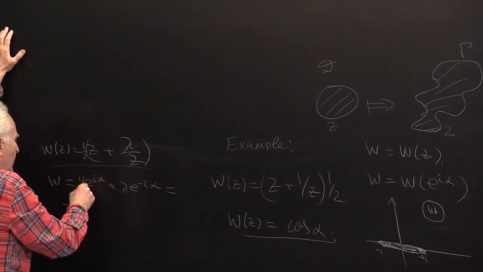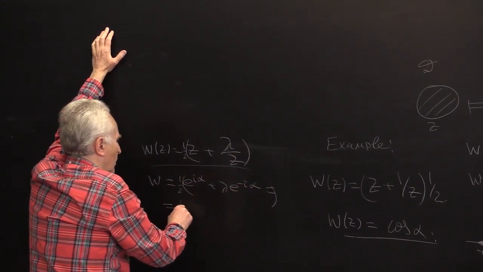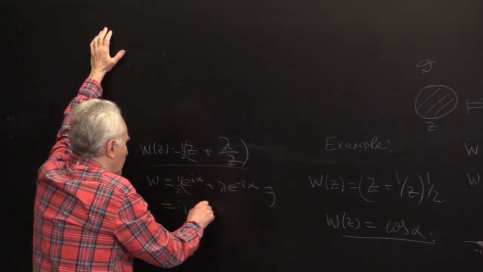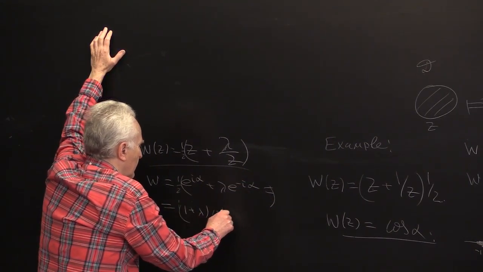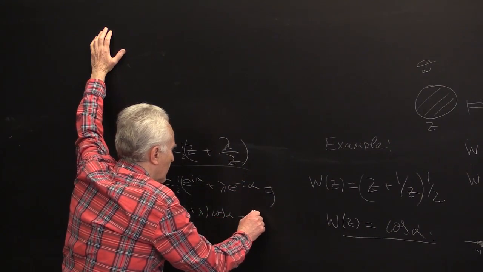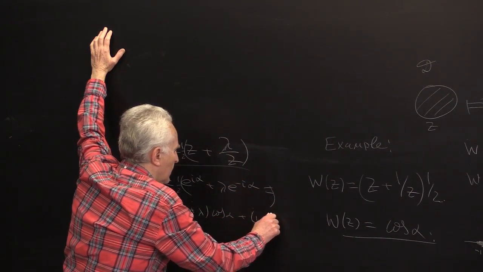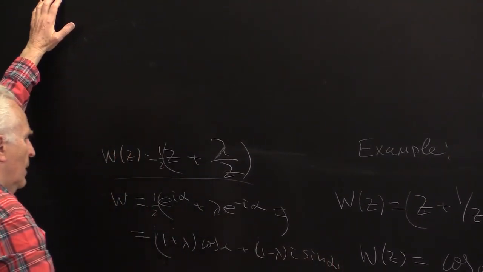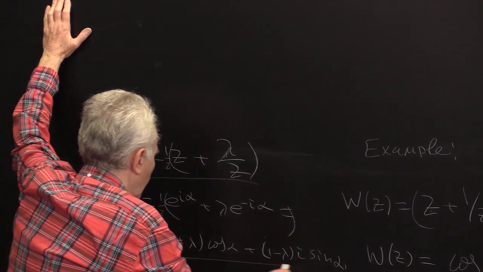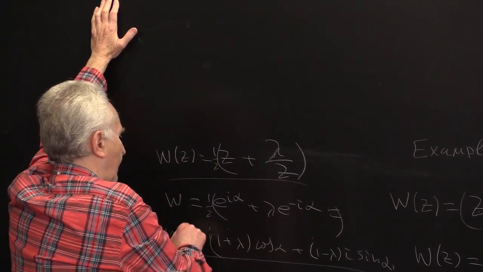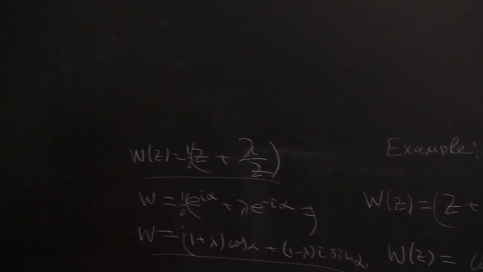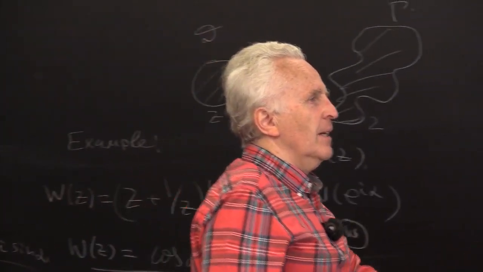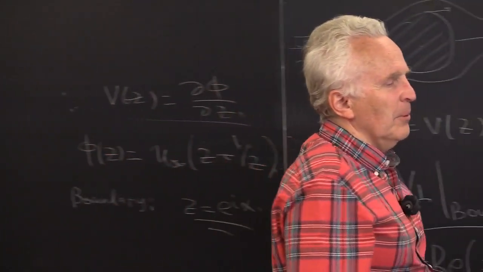So it's 1/2 times (1 plus lambda) cosine alpha plus (1 minus lambda) i sine alpha. Now, what would be your guess? What kind of object will we get?